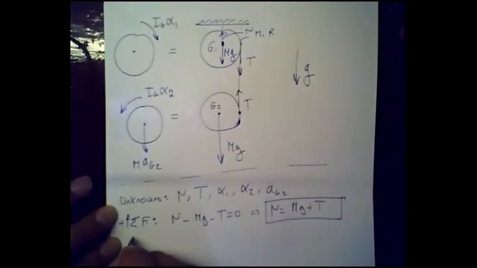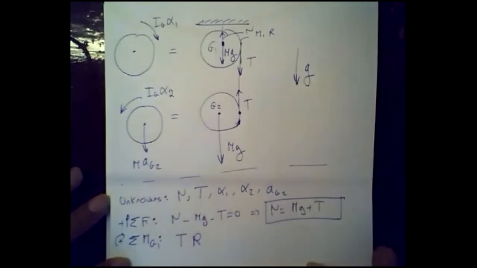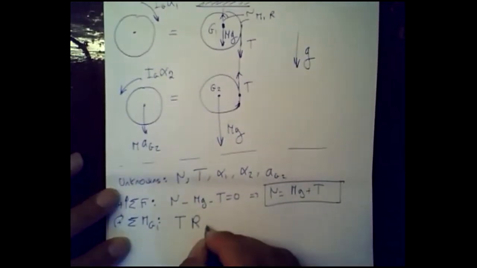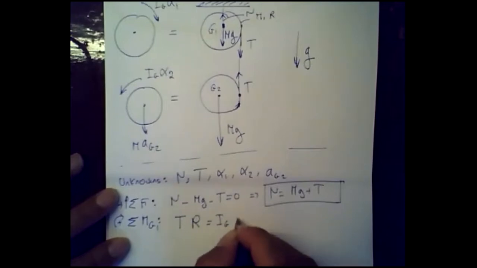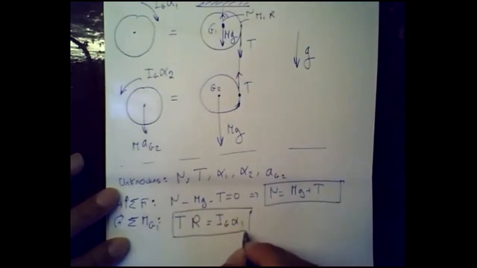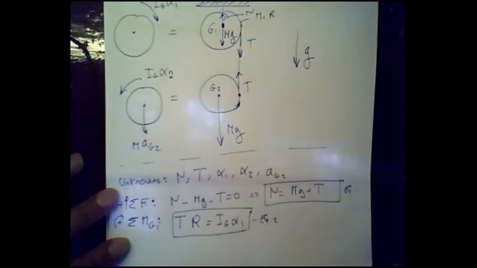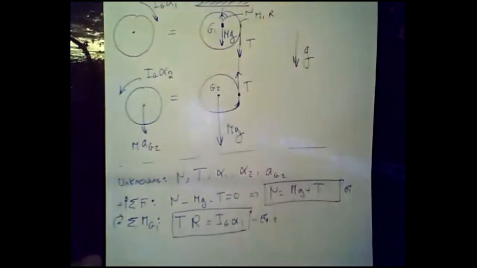So if I sum the moments about point G1 and I use my clockwise direction to be the positive direction, then I'm going to end up with what? T multiplied by R is going to be equal to IG multiplied by alpha 1, right? So that is my equation number 2. This guy is your equation 1. And we need 3 more equations, right?